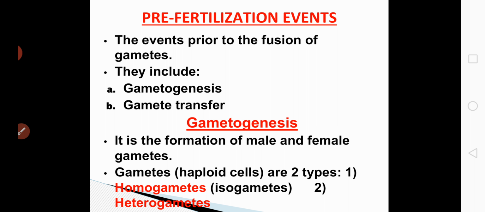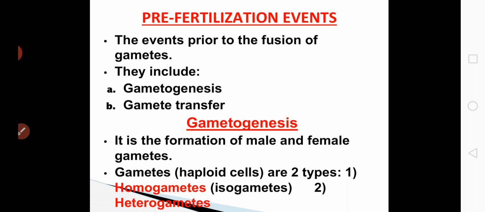For the process of sexual reproduction, it involves gametes. And there are two types of gametes, male gamete and female gamete. The male gamete is called sperm and the female gamete is called egg. So pre-fertilization means the process that takes place before the fusion of gametes.